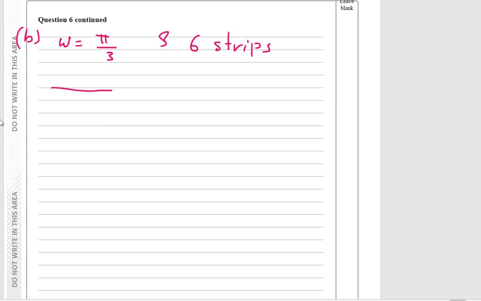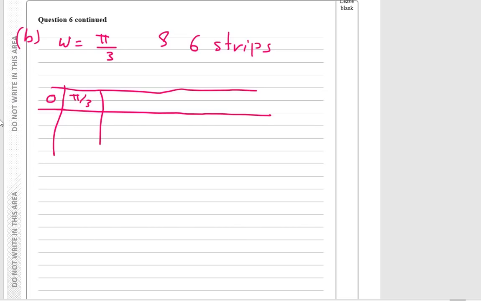I will start with the first value here at 0, pi over 3, 2 pi over 3, pi, 4 pi over 3, 5 pi over 3, and 2 pi.